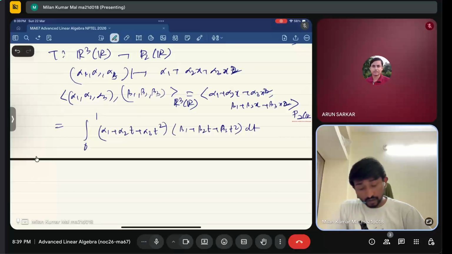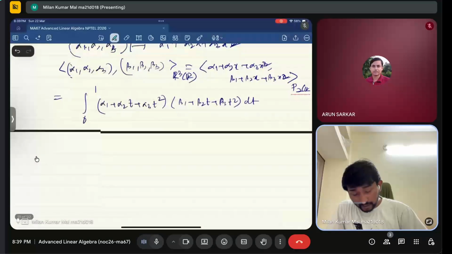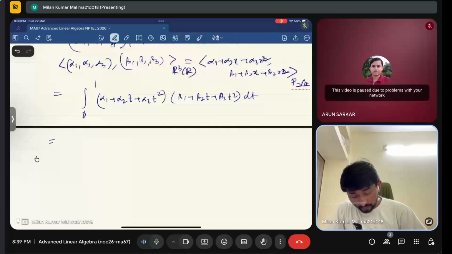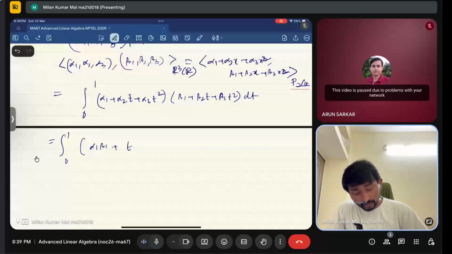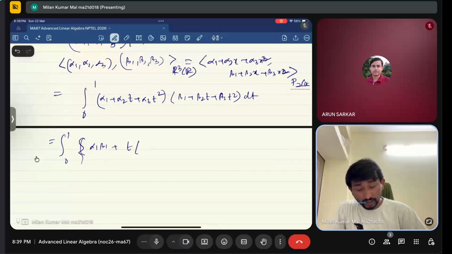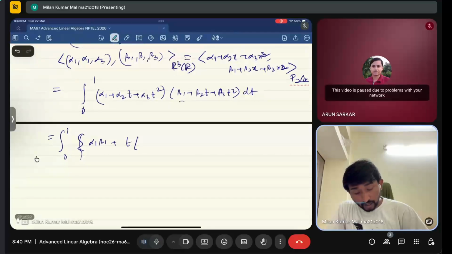I have to first find this product. That is alpha 1 beta 1 plus, what is the coefficient of t? This is the constant term, that's true. The coefficient of t will be alpha 2 beta 1 plus alpha 1 beta 2.